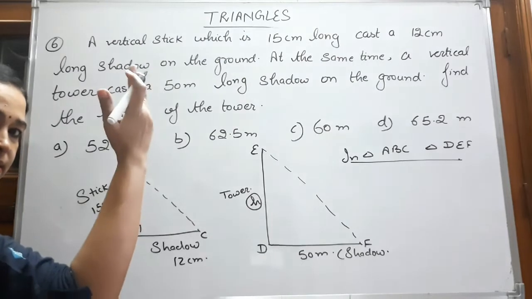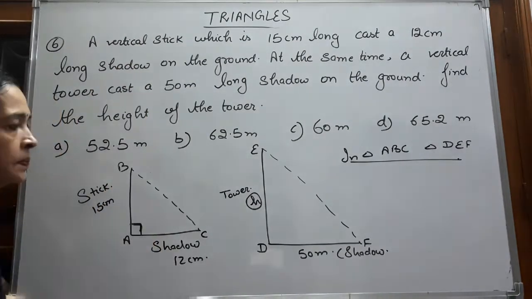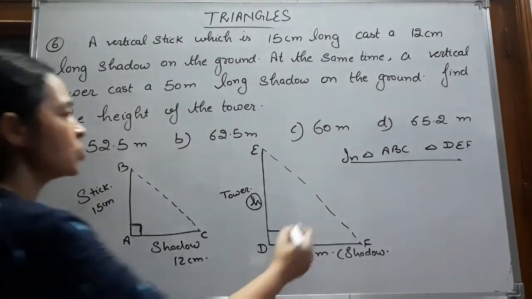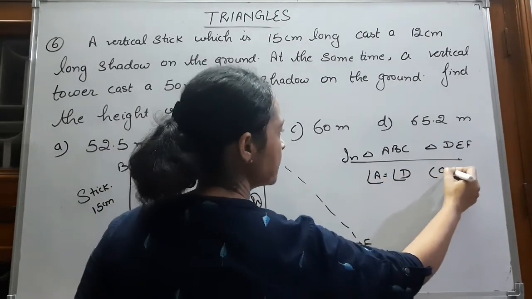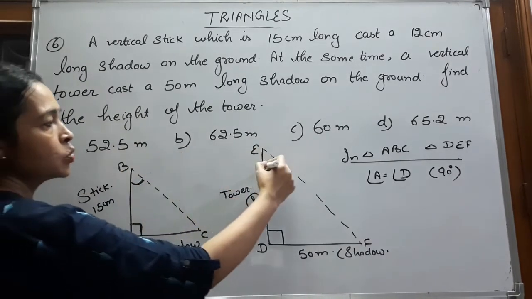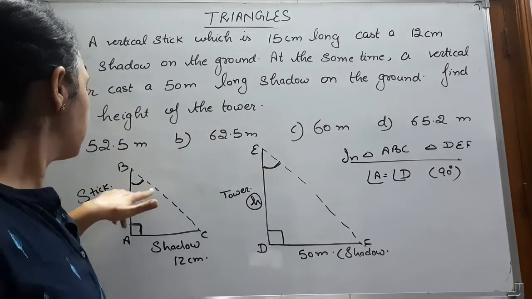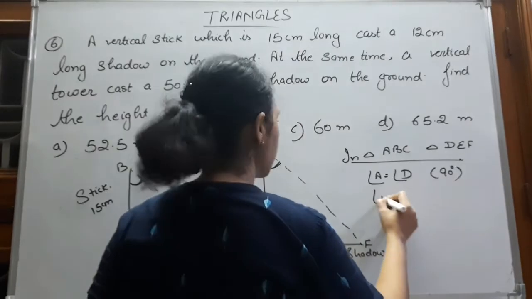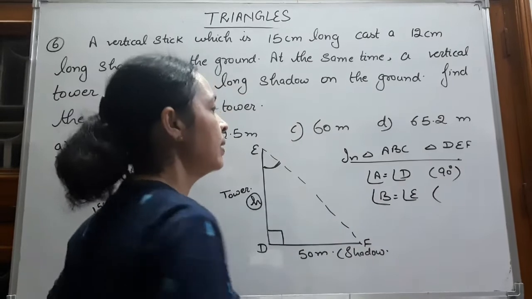We assume that the stick is standing at a right angle. The tower is also standing upright at 90 degrees. So angle A equals angle D, 90 degrees. This angle B equals angle E. The rays of the sun are the same on both the stick and the tower. Angle B equals angle E, the rays are falling at the same angle.